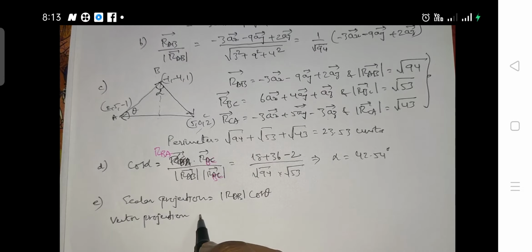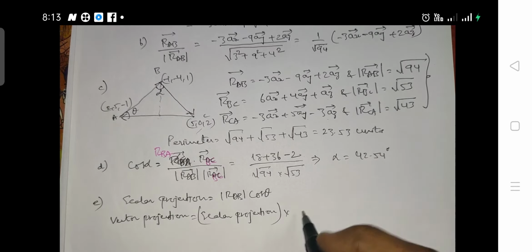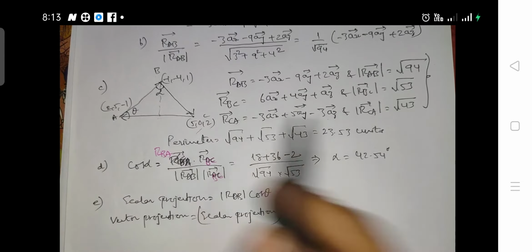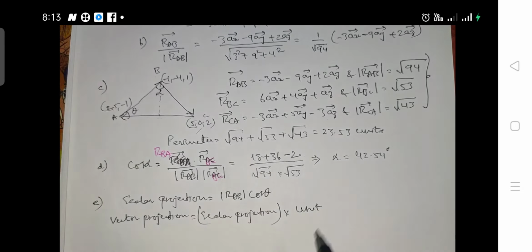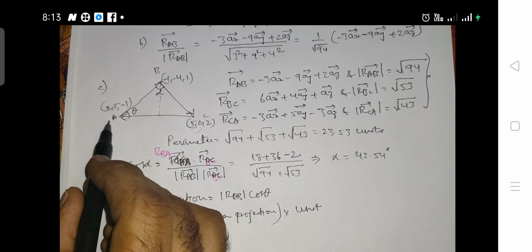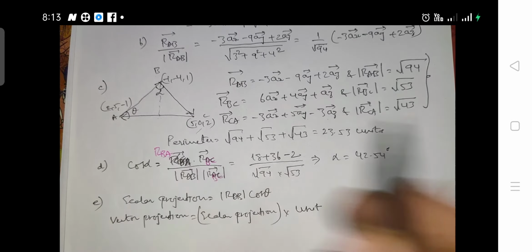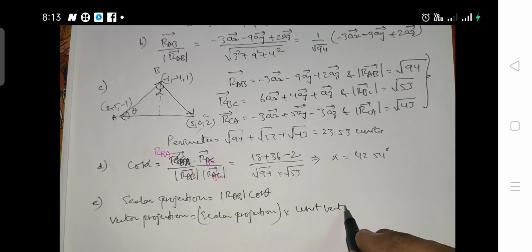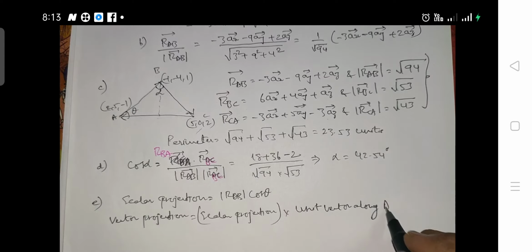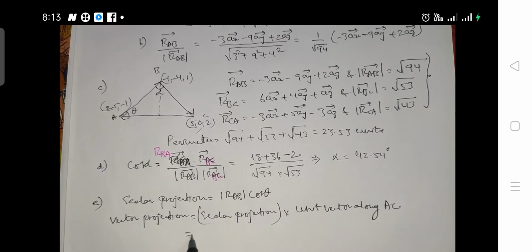So here, the vector projection is equal to scalar projection multiplied by the unit vector, which means the direction in which we have to find the component. Here we are asked to find out along AC, hence we need to find out the unit vector along AC.